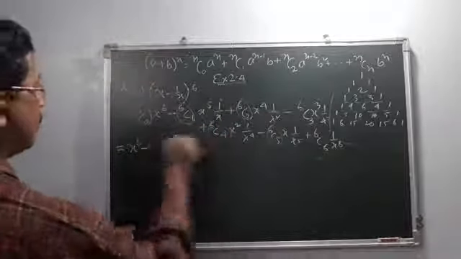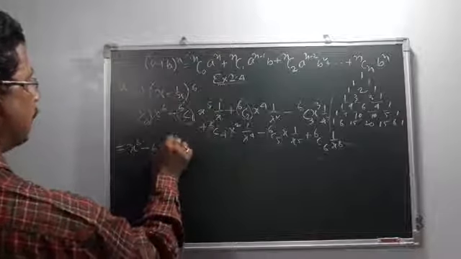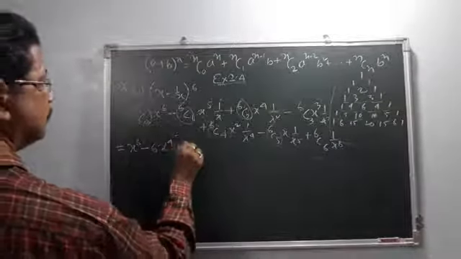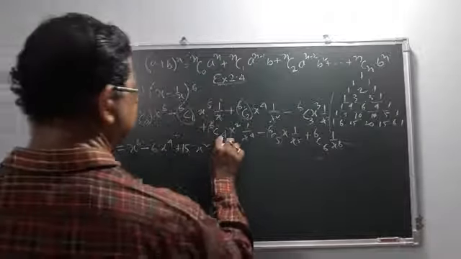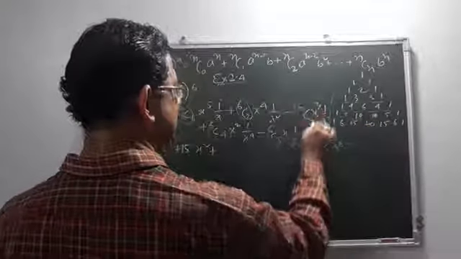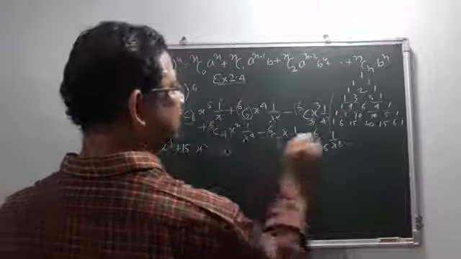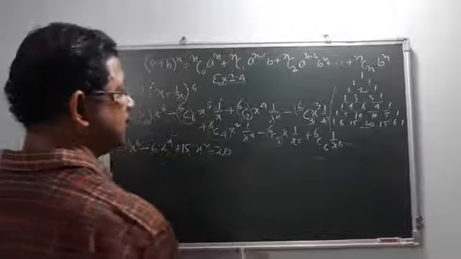Minus this one we have already done, it is 6. This will cancel, x to the power 4 will come. This will give 15, and these two cancel and it is x square. This one is 20 according to this, and after cancelling it is 1 only, no x term is there.